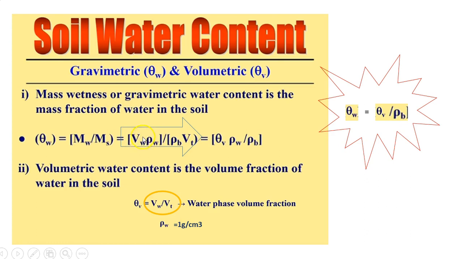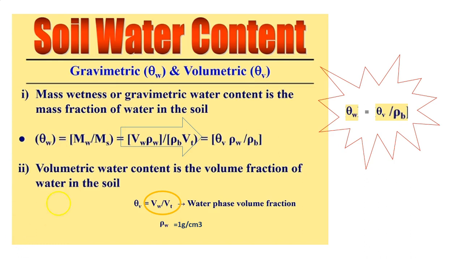The volume of water multiplied by the density of water would be equal to the mass. We're just rewriting it this way for right now so that we can rearrange the units a little bit. Over here you see that we've done the same thing with the density of the solid particles, or the bulk density, and the volume of the soil sample.